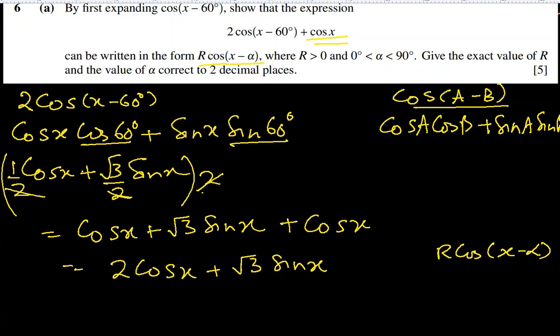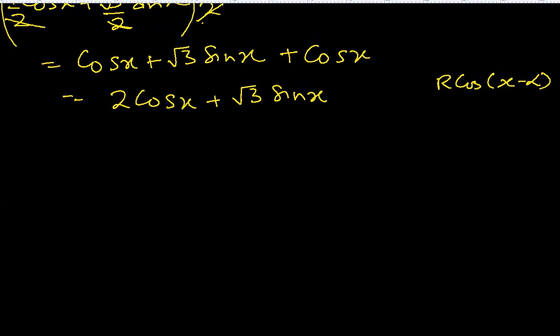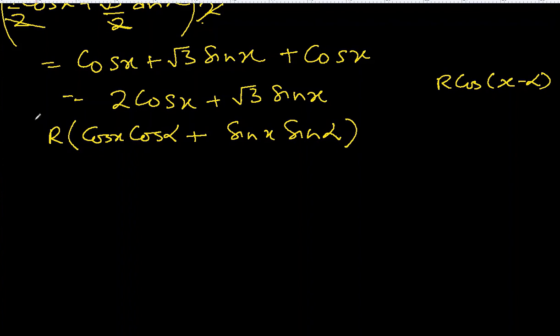So what will I do? I will first expand this also, r cos(x minus alpha), and I will use the same identity I used earlier to expand. So let me write that here. R remains out. Cos(x minus alpha) becomes cos x cos alpha plus sin x sin alpha. Now since both cos x and sin x have some numbers with them, I'll have to take this r inside.